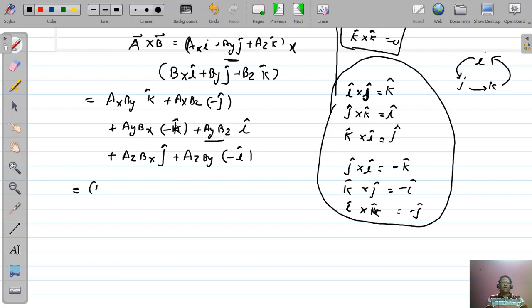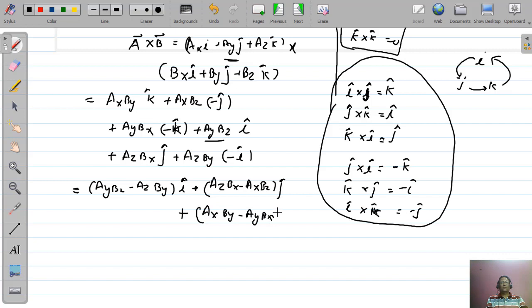This is (ay bz minus az by) i, plus, now combining with j, (az bx minus ax bz) j, plus the k term (ax by minus ay bx) k. So this is the cross product of two vectors. We have to memorize this result.